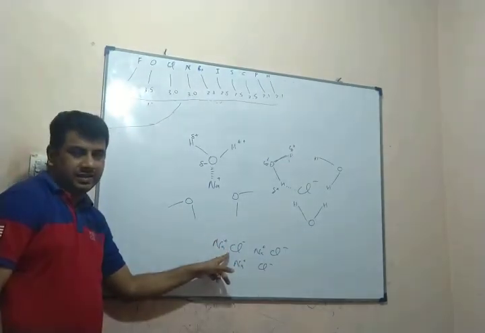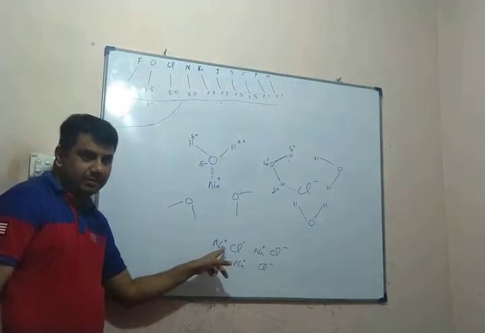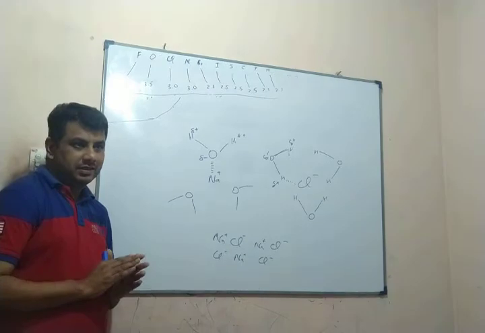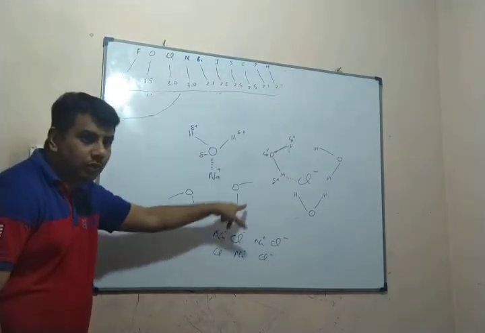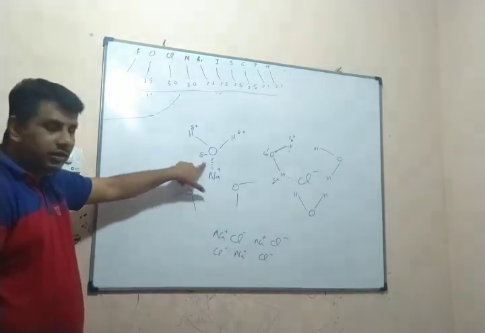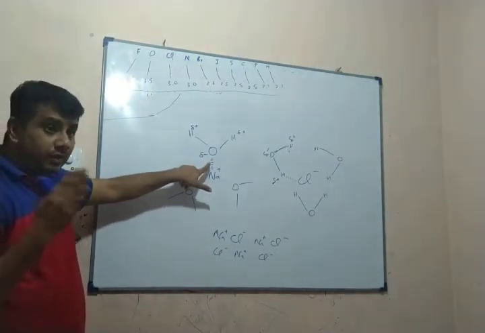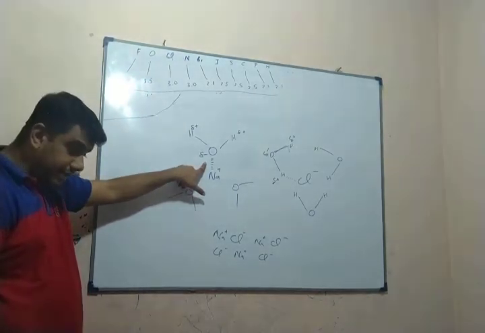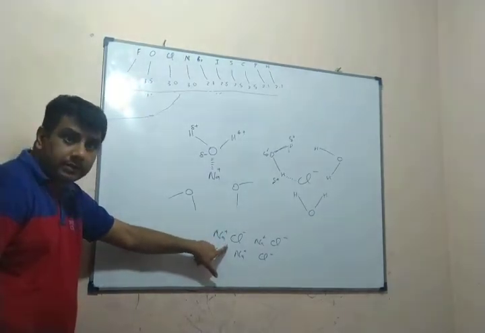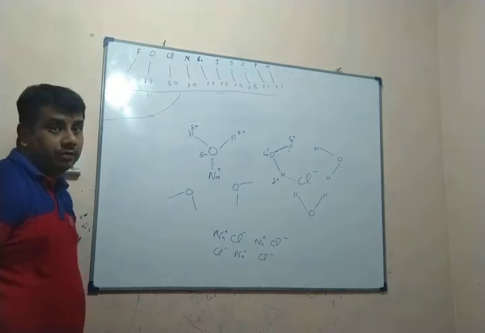Here there is one ionic bond between Na+ and Cl-, right? But here several water molecules surround them. So you can't compare just one ion dipole attraction and one ionic bond.